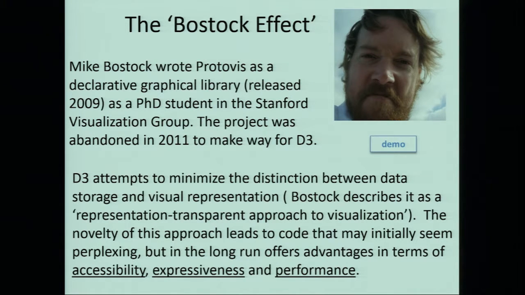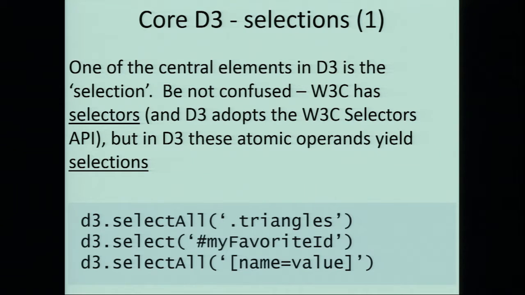Okay, so now I want to talk about the core of D3. I want to start really narrowing in on what D3 is and how you use it. So one of the core ideas of D3 is the selector. W3C also has selectors, but they return an actual DOM element.